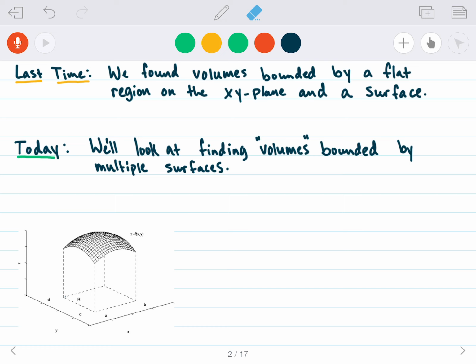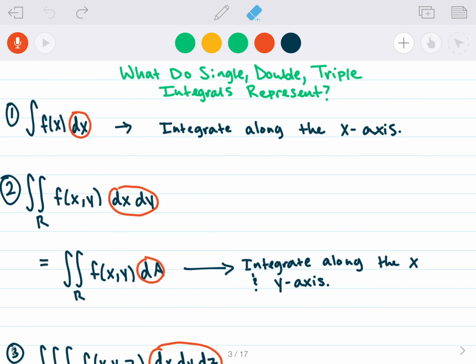It's not really in our realm of reality to visualize such a thing, but we can still do calculus nevertheless. All right, so let's talk about what we've covered so far in calculus.